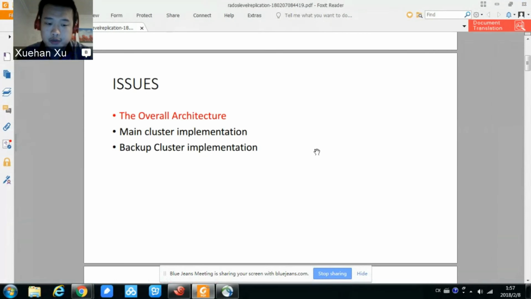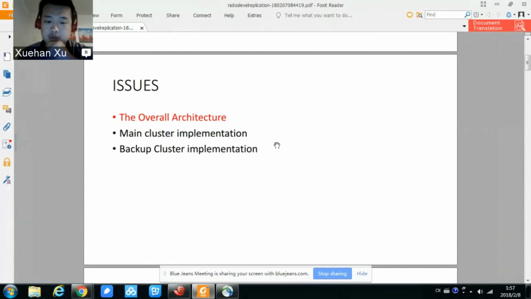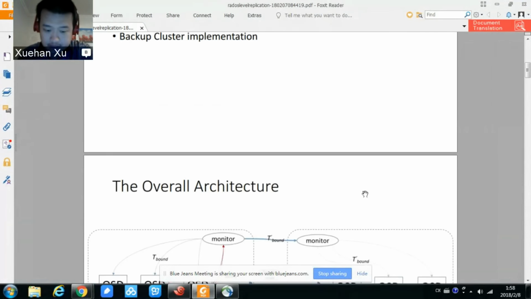I'll try to talk about this in two separate parts. The first is the main cluster implementation, and the second is the backup cluster implementation.